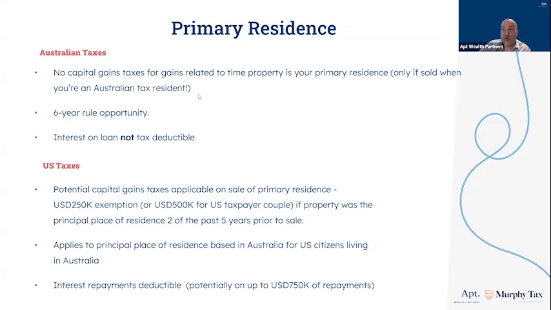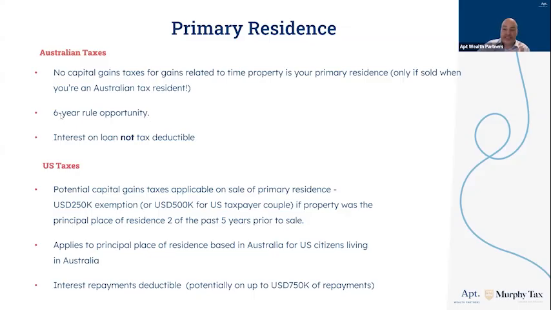You lose that exemption for capital gains tax if you were to move back to the US and sell an Australian principal place of residence from the US as a non-resident for Australian tax purposes. So if you're planning on moving back home to the US, it's a very strong consideration to sell the principal place of residence in Australia before you move back, if it's a permanent move back home.